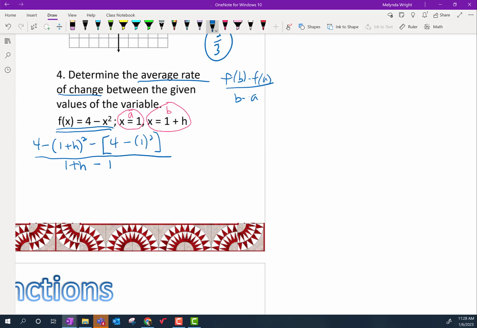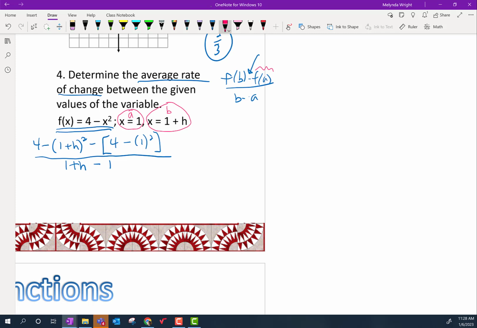So I want to pause here for just a second and make sure we're all okay. Yes, ma'am? Why did you use the brackets? Because this negative right here, and that's a good question, this negative has to be distributed to everything that F of A creates. If I forget to put a bracket, sometimes I forget to distribute the negative.